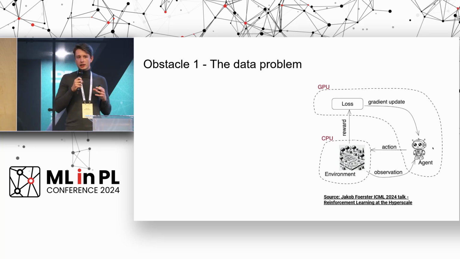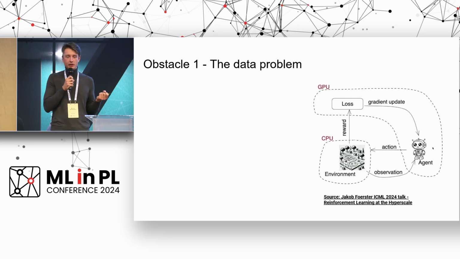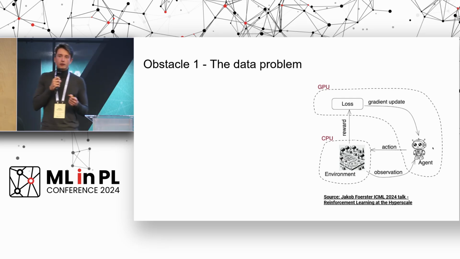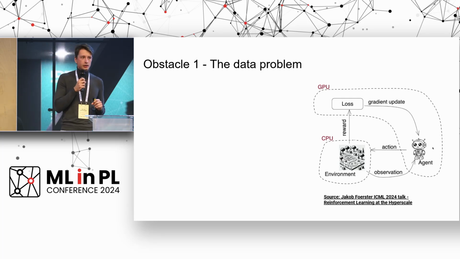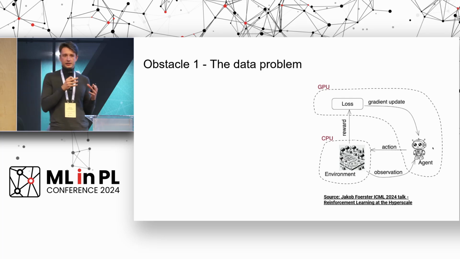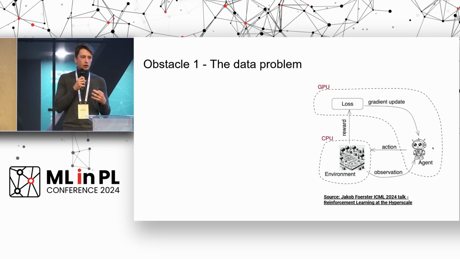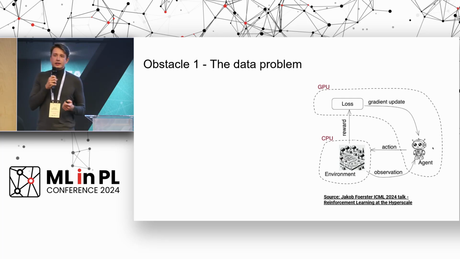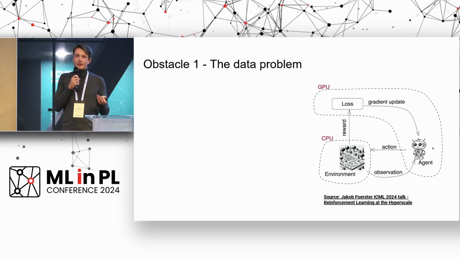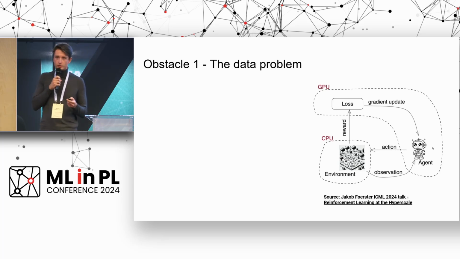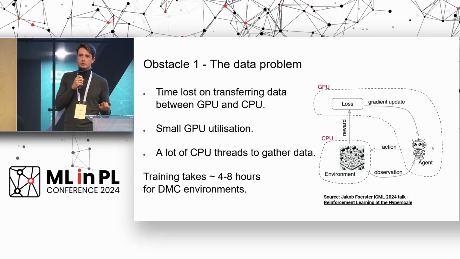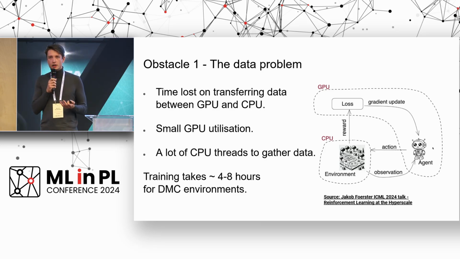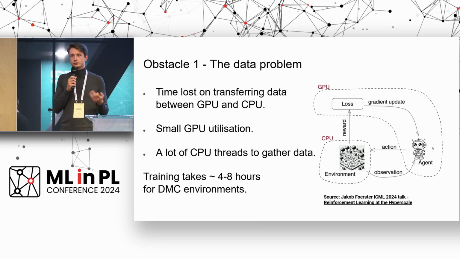We were running reinforcement learning methods on two devices. One device is a GPU on which the whole learning of the agent is done. And the second device is a CPU on which we are generating data. So it is not the perfect solution because we waste a lot of time transferring the data between these two devices. And what's more, we are also not utilizing the GPU as we should.